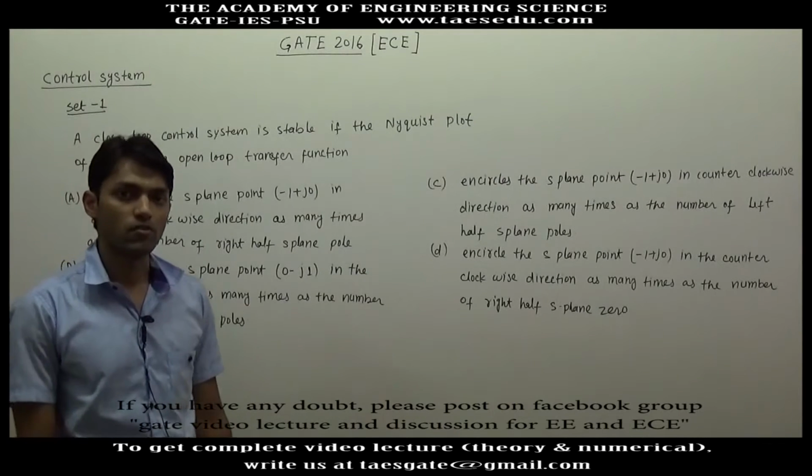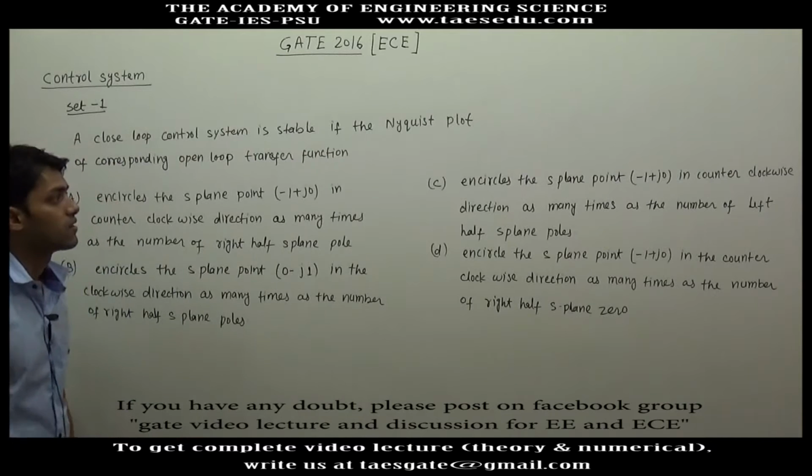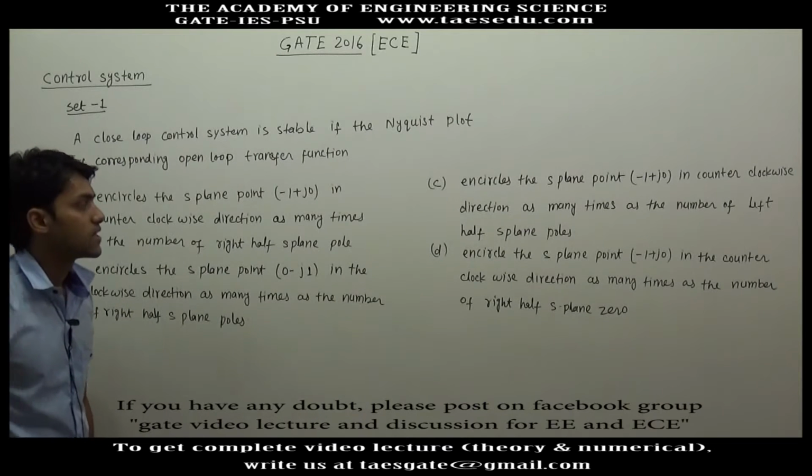This question is about finding stability with the help of Nyquist plot. So in Nyquist plot, how do we find stability?